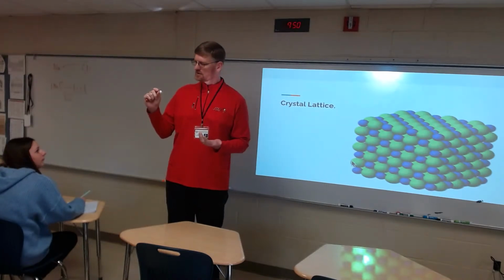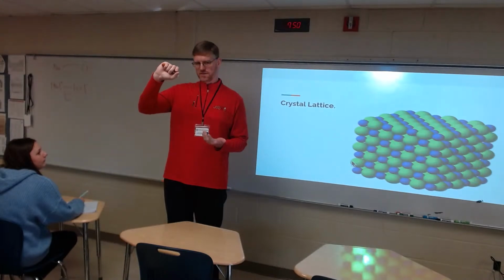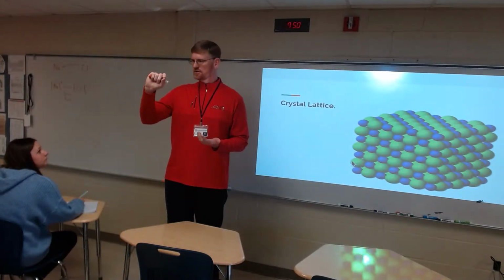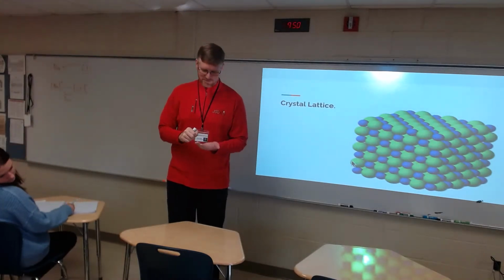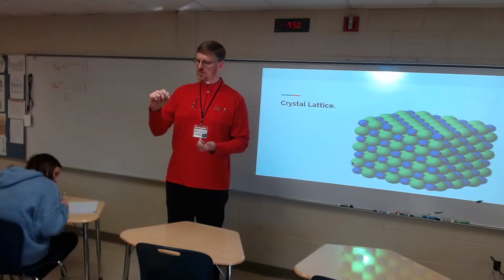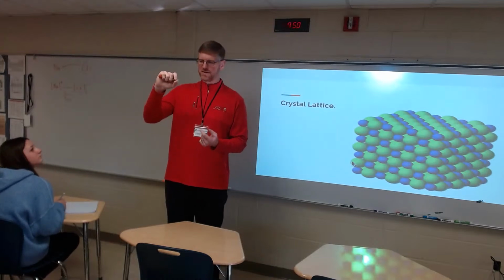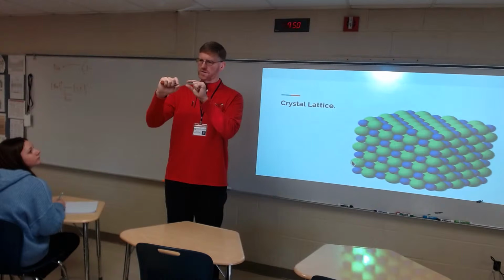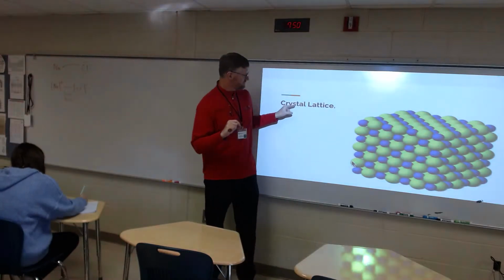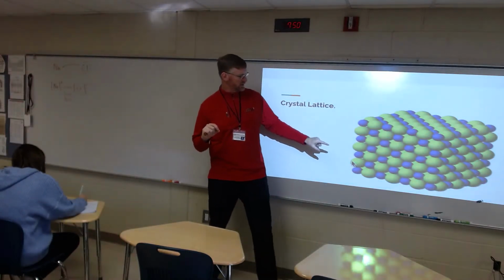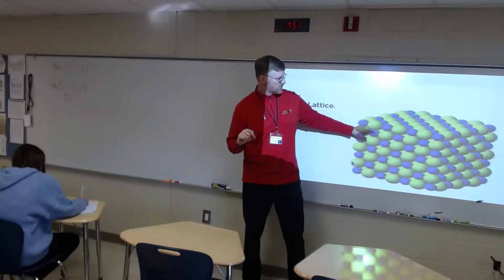But this little crystal of sodium chloride has trillions of trillions of trillions of sodiums and chlorides in it. Okay, trillions and trillions, and they're all attracted to each other. They're all stuck to each other. Those cations and anions form what's called a crystal lattice. That's an important term we need to know. And here's sort of what it looks like.